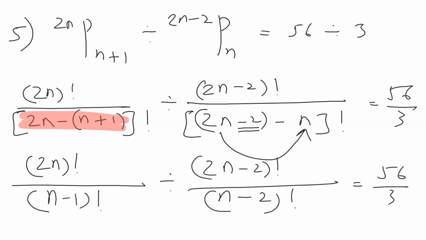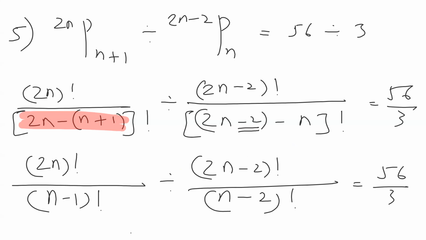In the next step, I'm going to remove this division and replace it with multiplication, reciprocate it. If you have copied this, then maybe I can go to the next slide.